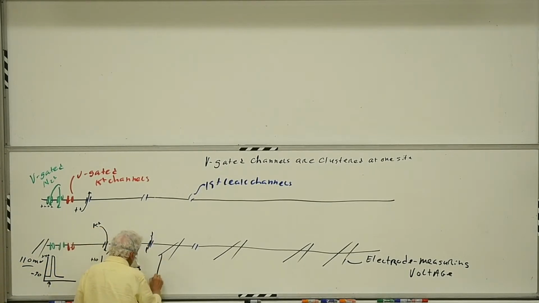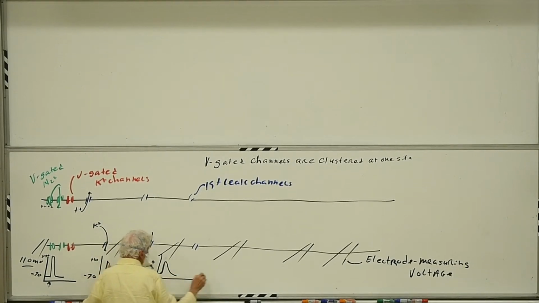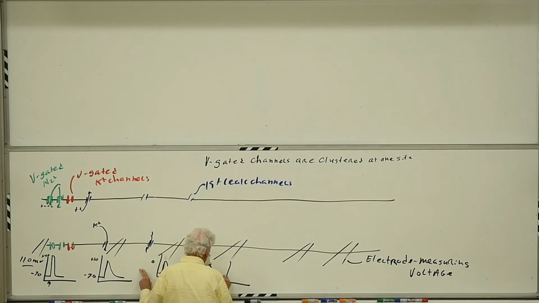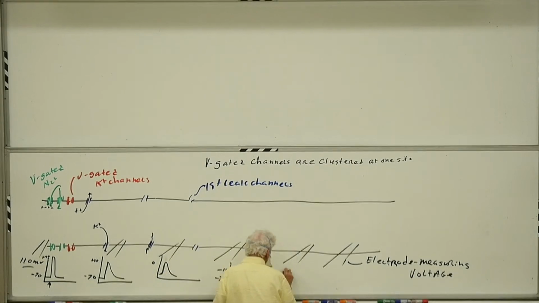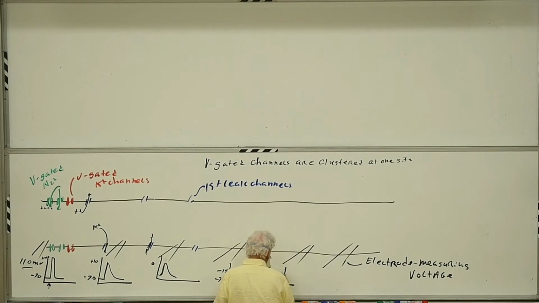And so at each successive station when we take this measurement, where in the initial case we went all the way up to plus 40, here we go up to plus 10, maybe here we go to 0 millivolts. And we take another measurement, and we go from minus 70 to maybe minus 15 millivolts. And here we take another measurement, we go from minus 70 to maybe minus 60 millivolts.